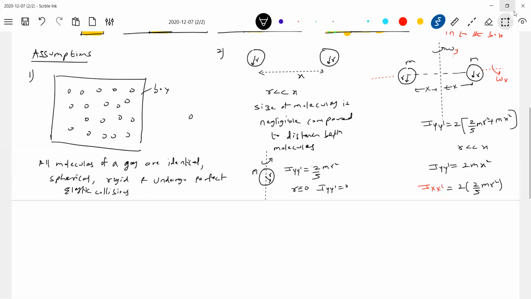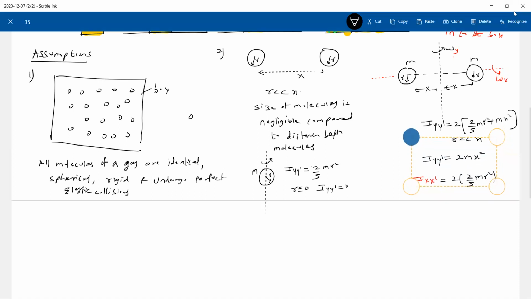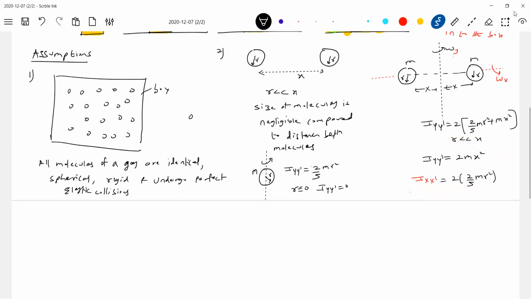R is very much less than L, so R is very, very small, negligible. For this diatomic gas molecule, the moment of inertia about the y-axis is non-zero, and about the x-axis it will be 0. The reason is that the size of a molecule is negligible compared to the distance between molecules.